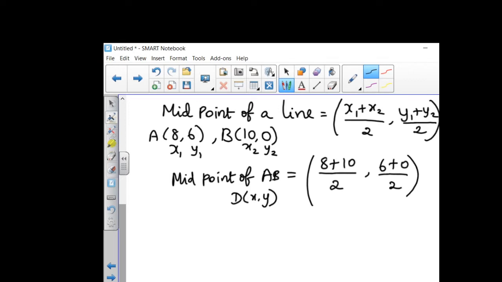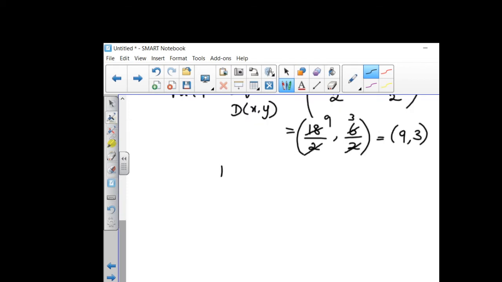So what do you get? 10 plus 8, 18 by 2, comma 6 by 2. If you cancel, you will get 9 and here you will get 3. So the answer is (9, 3). That is D of (x, y) equal to (9, 3).